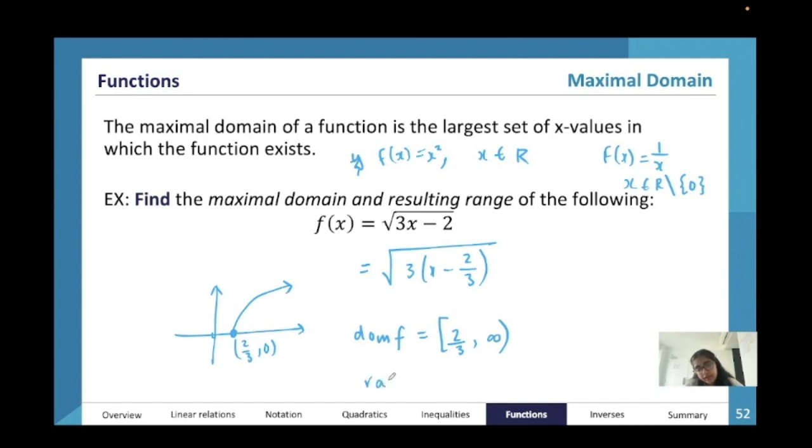Okay, so now the range of f equals, so it's starting from 0 and going up forever. 0 to infinity. Another way you can write that is all positive real numbers union 0, including 0. So you can write it either way and you'd still be correct.